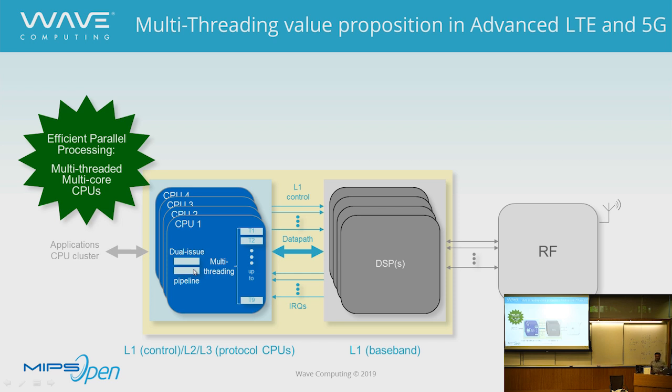Once you do the baseband and figure out the data, you have to pump the data to the application processor. One of the challenges is that in a 5G environment, an enormous amount of data has to come in. To handle this, you end up having a lot of processors in parallel. We have demonstrated that you can reduce the number of processors to a lot less by utilizing multi-threading.